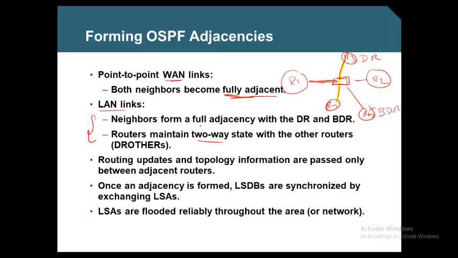So these LSAs are flooded throughout the area, but the sequence is this. Advertisement will be first given to DR and BDR, and DR will distribute it to the rest of the routers. End of the day, the LSAs are going to be flooded to all without any duplication. The reason why we have DR and BDR is to avoid duplication.